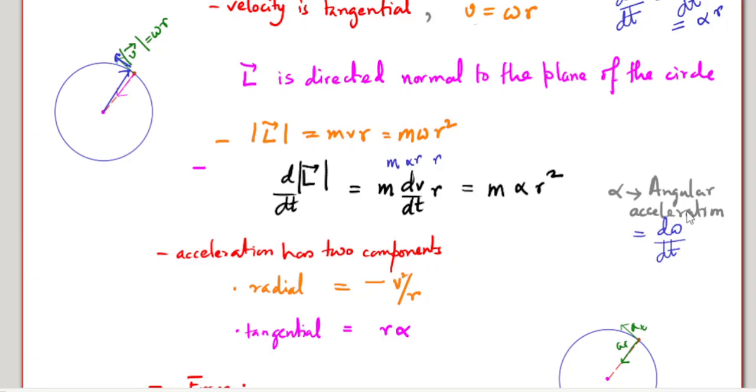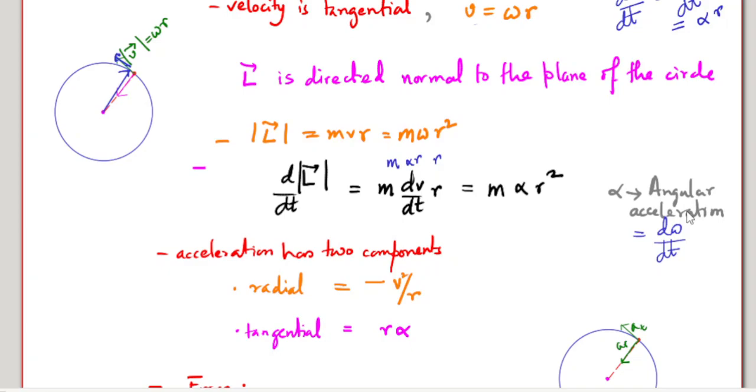Now I admit that we have not discussed circular motion in this series so far, but I am pretty sure these are results which should be familiar to you from whatever you have studied about circular motion in school. In general, if you have uniform circular motion, the acceleration is directed entirely towards the center. That's the so-called centripetal acceleration.